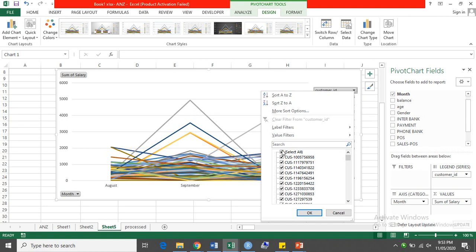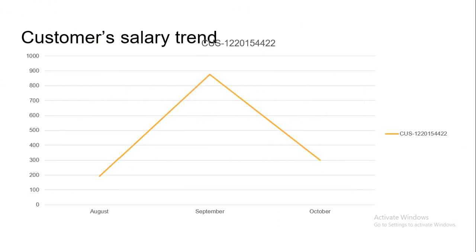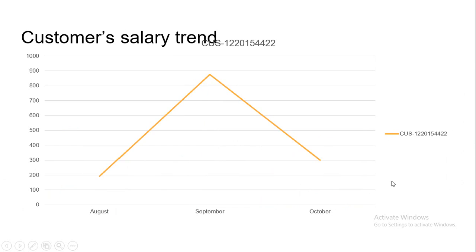Let's choose any customer at random and see what trend it shows. It shows a similar trend, that is okay. It automatically changes. It shows the trend that we saw here, that it increases in September and decreases in October.